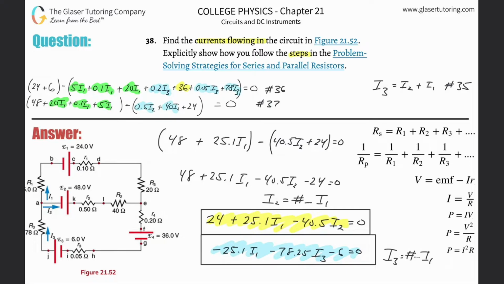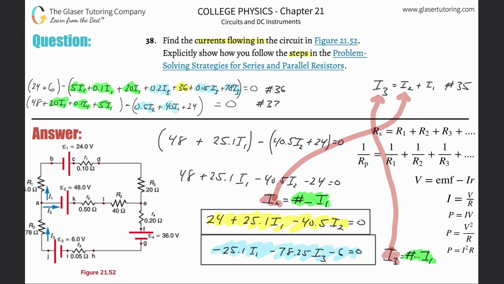Now notice that if this side has an I1 only in it, and this side only has an I1 in it, then what I can do is take I2 and plug it in for I2 in this formula, then take my I3 value and plug it into I3 in that formula.